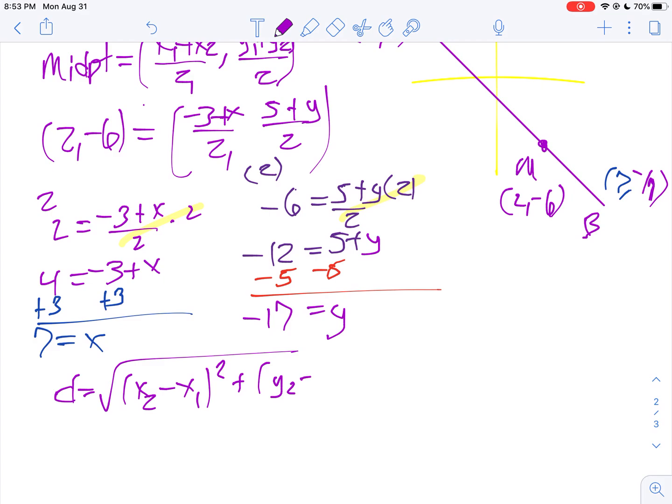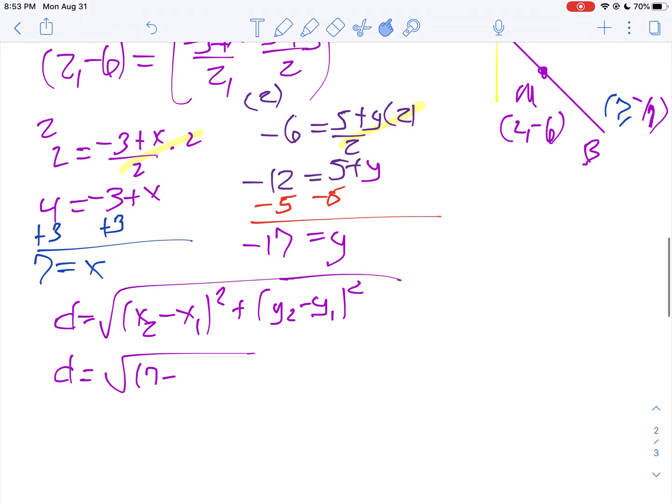Subtract your 2 y's, and square them. So let's go ahead and do that. I'm going to let B be my second x. So I'm going to say 7 minus, and we said negative 3. We're going to square that.